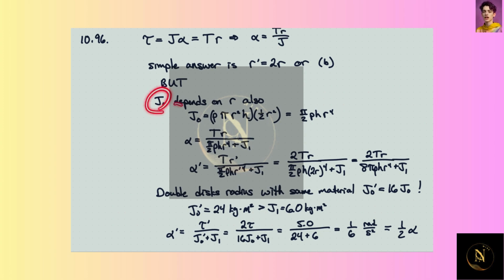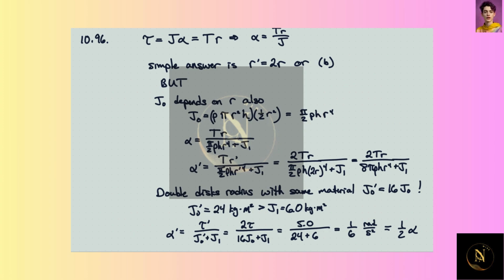So J naught depends on R also, right? And if it's a uniform disk, it's 1/2 m R squared. But m is the mass, right? So that is the density times the volume of that platform. So J naught, in fact, looks like pi over 2, the density times the thickness times r to the 4th.